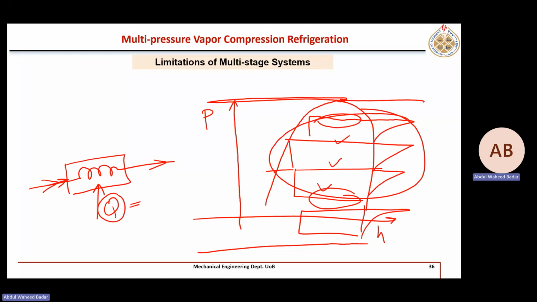M Cp delta T is thermodynamic. Heat is transferred from this air to this fluid through that piping: U A delta T, which is equal to m Cp delta T. Now, see here. What is U? Who remembers U?